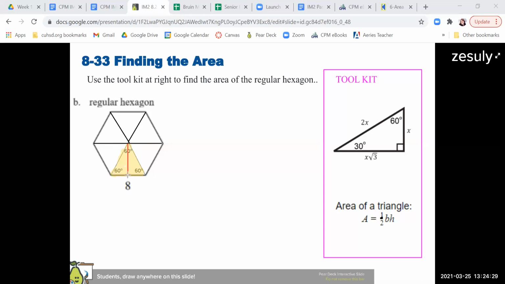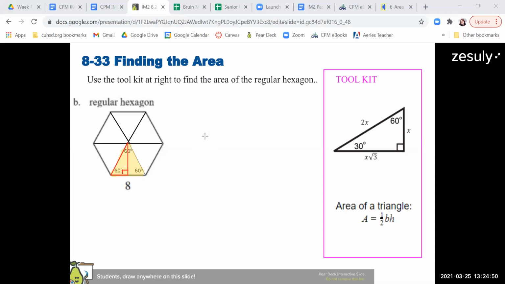So to find the height in order to be able to use my triangle formula and get the area of the yellow triangle, I am going to look closely at this half of the yellow triangle, which is a little right triangle.